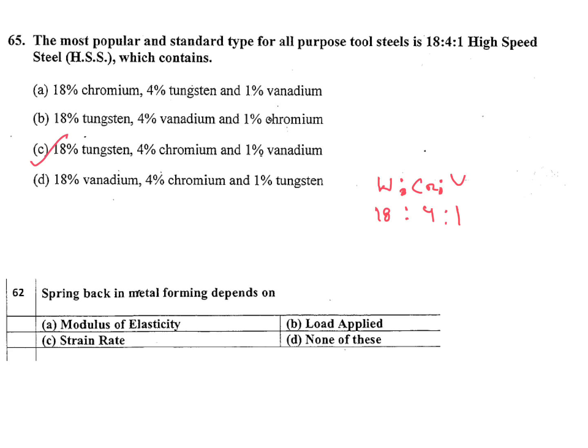C is the option. Spring back in metal forming depends on A. modulus of elasticity, B. load applied, C. strain rate, D. none of these. Spring back depends on modulus of elasticity.